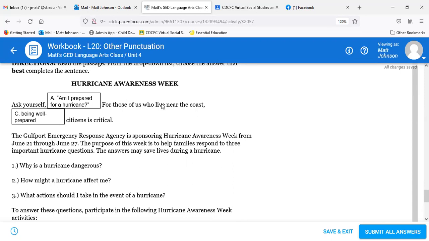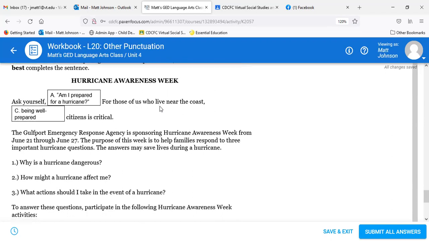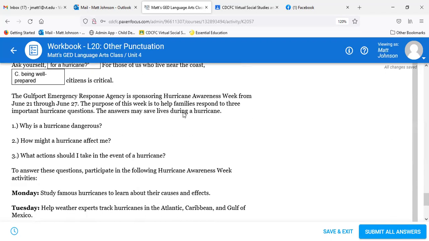Well prepared, making that modifier well prepared. That's all we have to do there. Well prepared is critical. The Gulfport Emergency Response Agency is sponsoring Hurricane Awareness Week from June 21st through June 27th. The purpose of this week is to help families respond to 3 important hurricane questions.